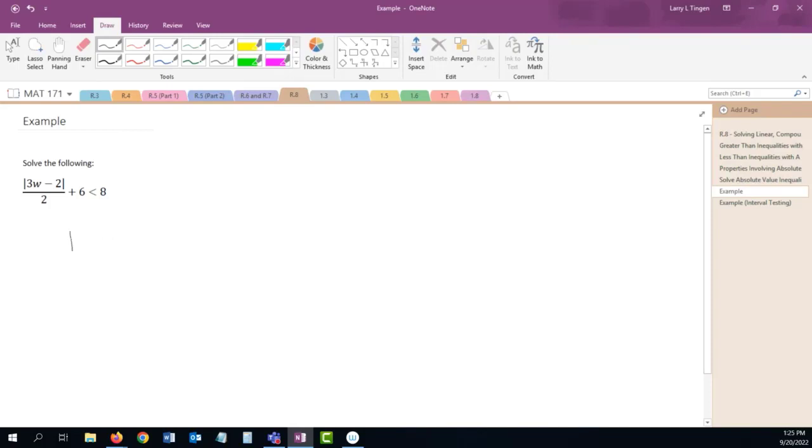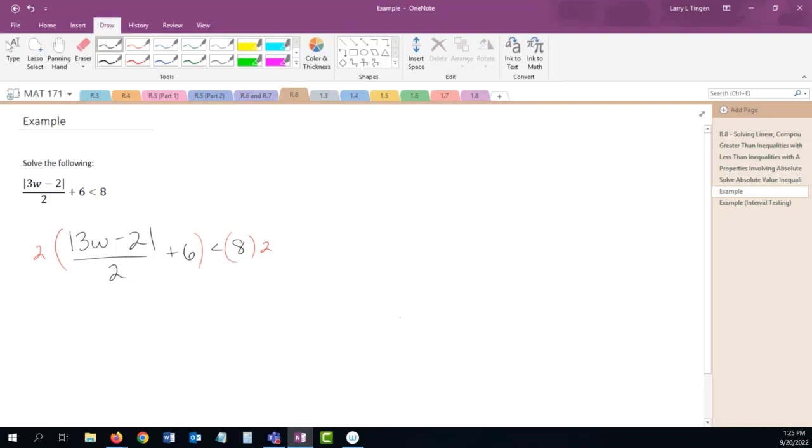Anytime we've got these fractions, and we have two sides, an equation or an inequality, the best thing to do is get rid of those fractions or clear them if you're allowed to. Are we allowed to? Yeah, I can multiply both sides by 2, right?